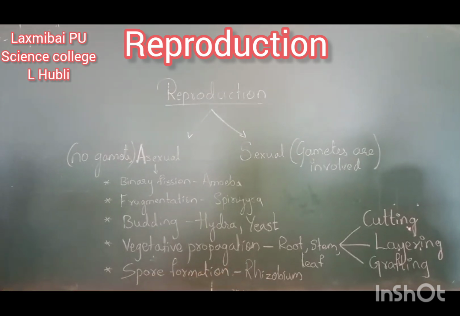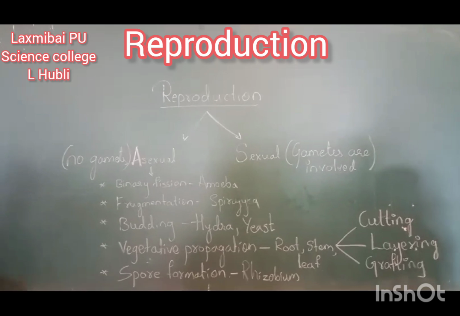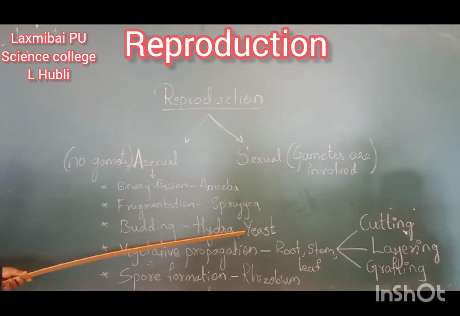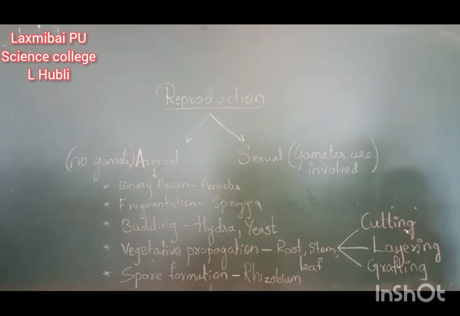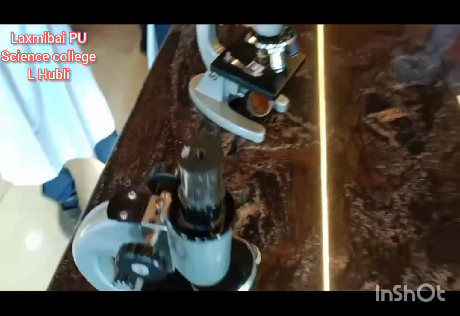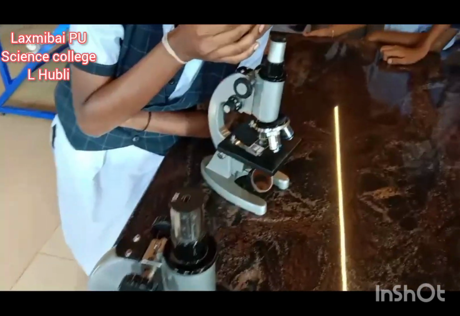Clear? So, now I will show you how the actual structure of amoeba and the actual structure of yeast look like. The first microscope contains amoeba and the next microscope contains yeast. I want you to go and observe one by one.